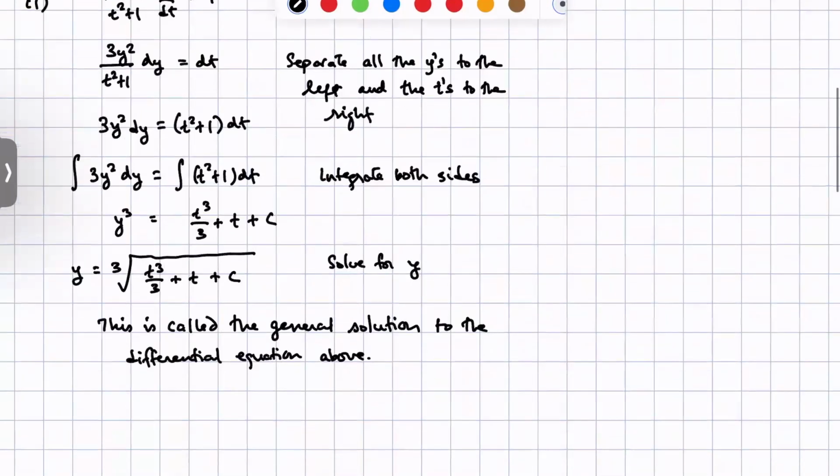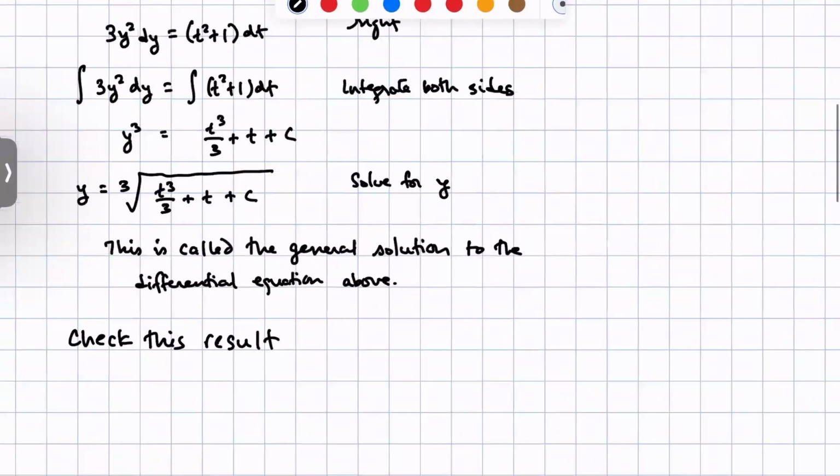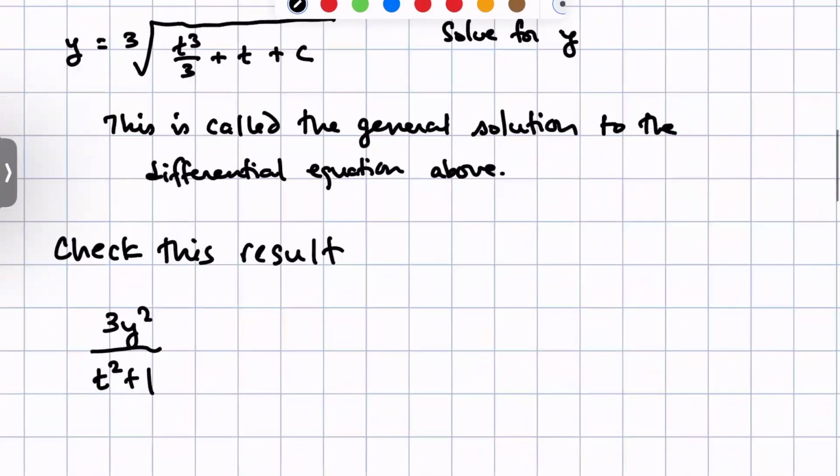Now, one could be asked to check this result. So how do you go about checking this result? Well, let's take a look. The original differential equation says 3y squared over t squared plus 1 dy dt.